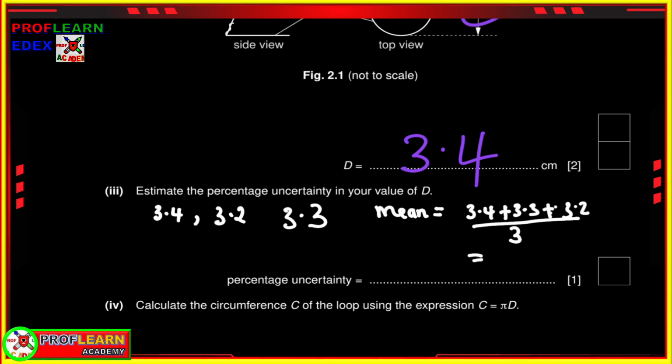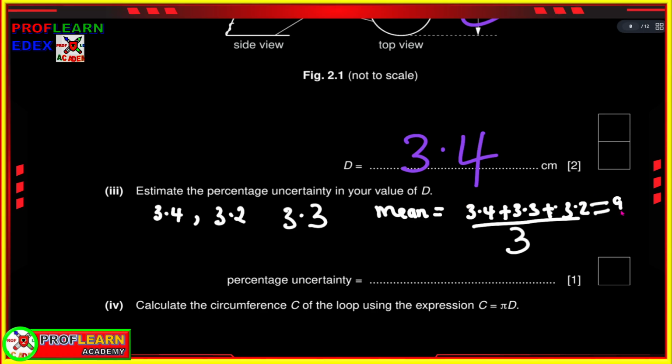I get 9.9, and this is divided by 3 here, because there were 3 data collected. Oh my goodness, that's the mistake.